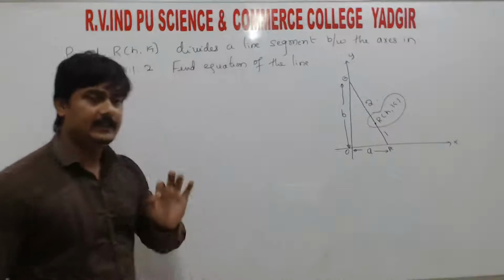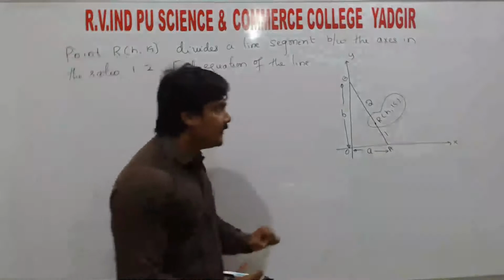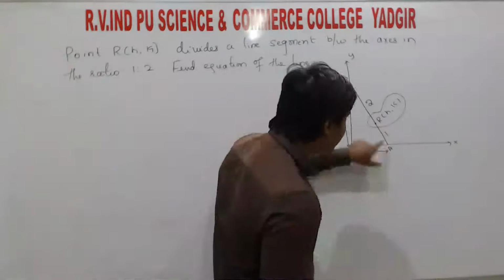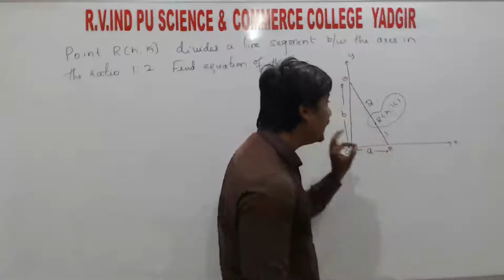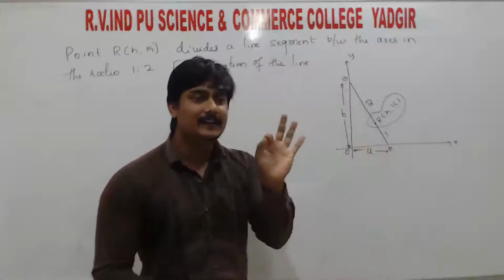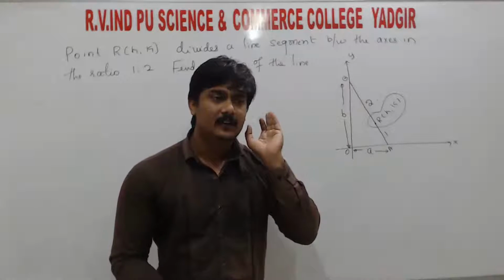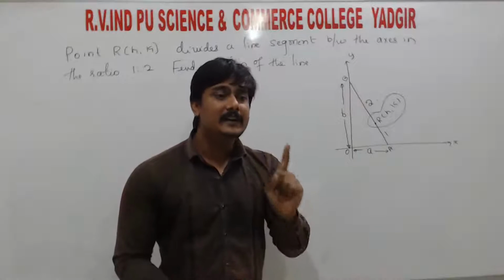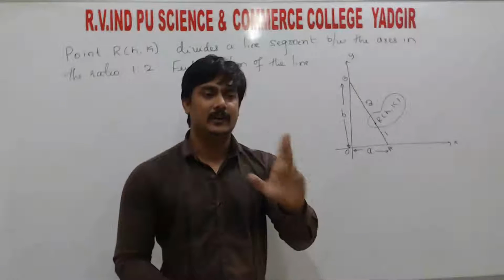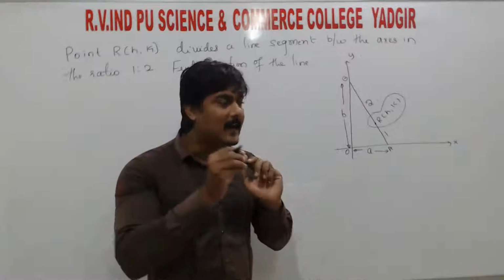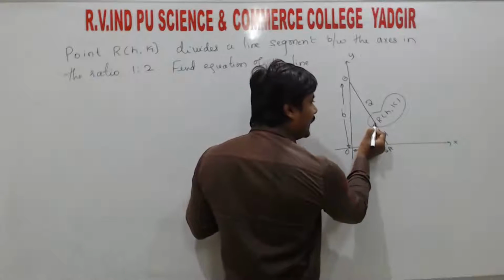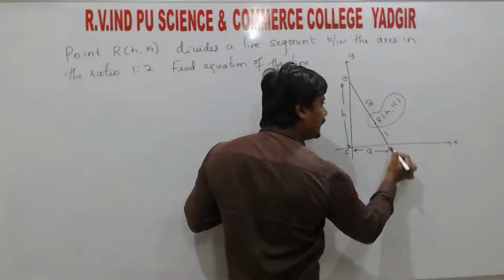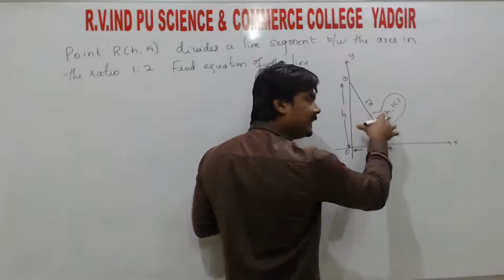Now keenly observe. This point R divides the line segment AB internally in the ratio m:n. So I will make use of the internal section formula, right? This point R is dividing the line segment AB internally.